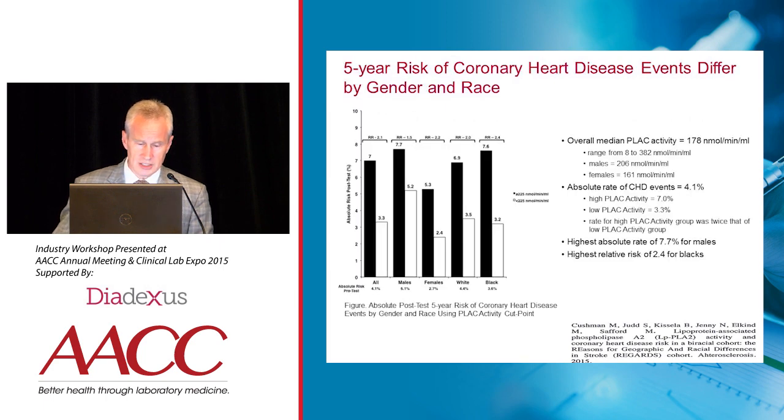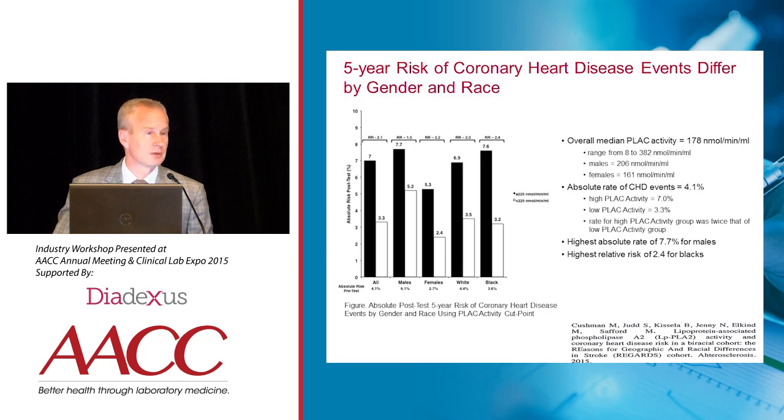And what you can see here is the 5-year coronary heart disease events differing by race and gender in those individuals above and below a cut point of 225 nanomoles per minute per ml, which is basically the units of the plaque activity assay, with really broad separation in all groups: men, women, white, and black.